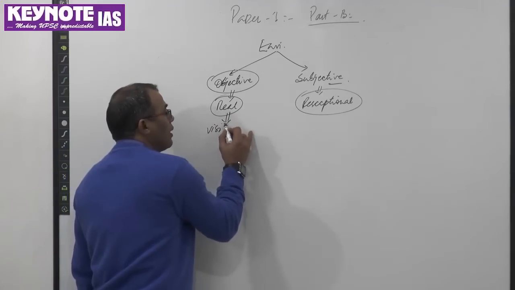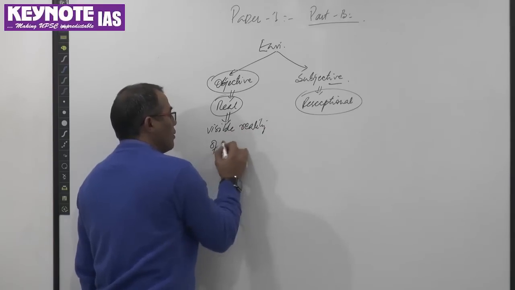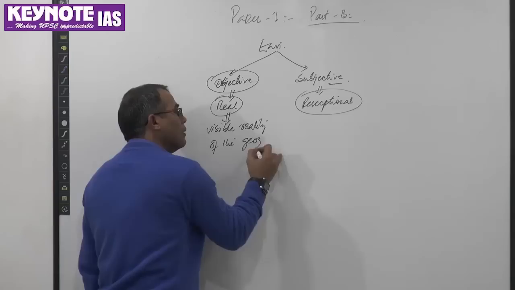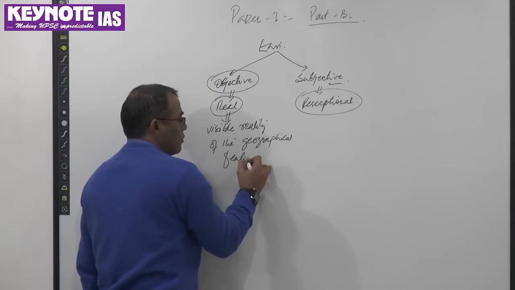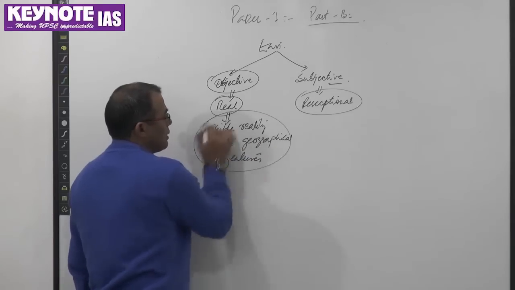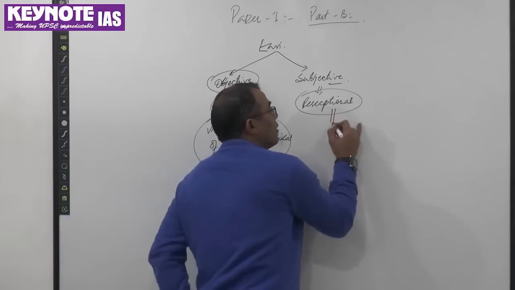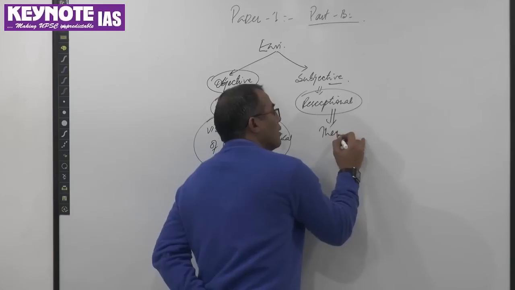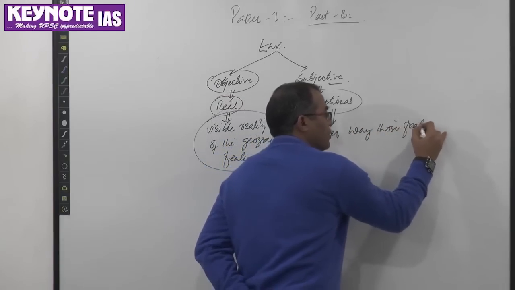So visible reality of the geographical features, is it simply a visible reality of geographical features or the way those features are perceived?